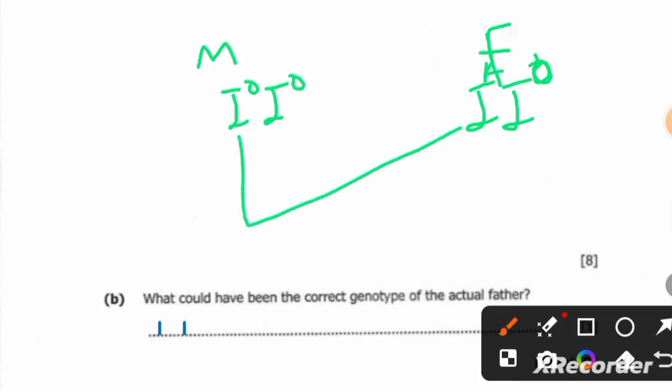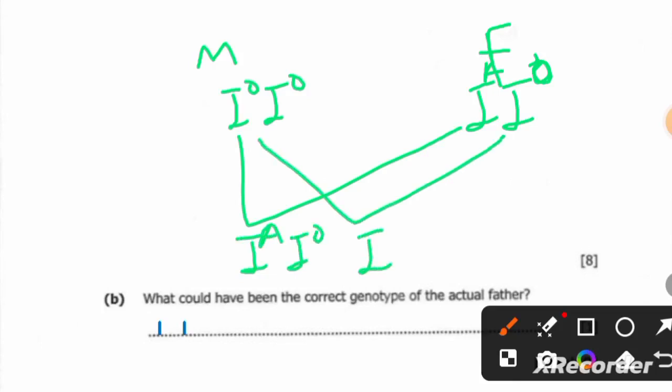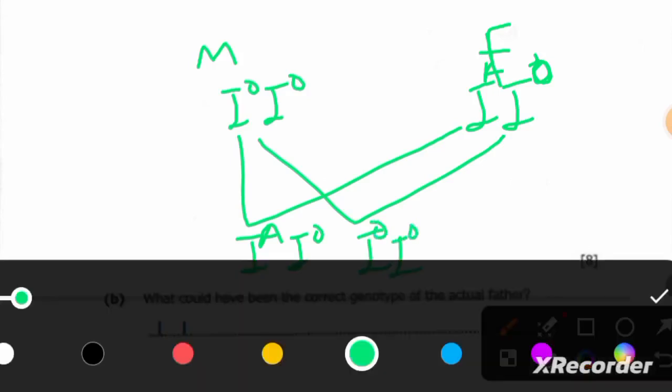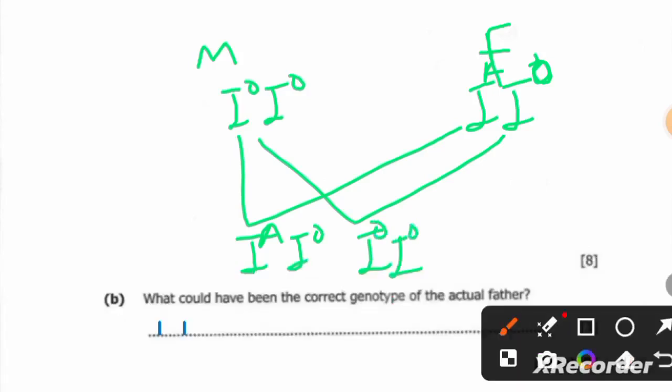This one and this one, we can produce an offspring with blood group A. This one and this one, blood group O. So we have seen that there are chances of this couple producing an offspring with blood group O.